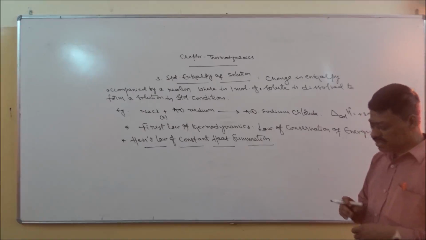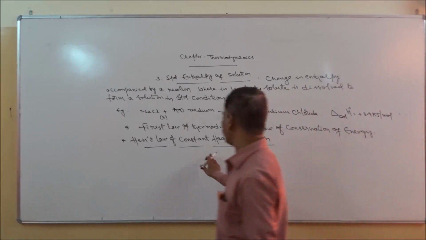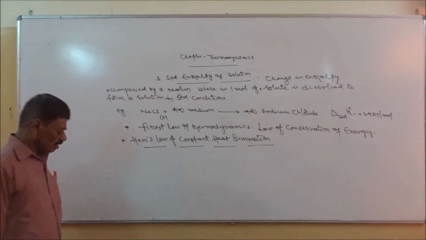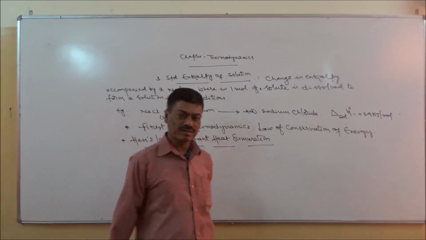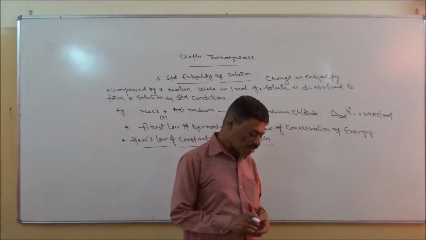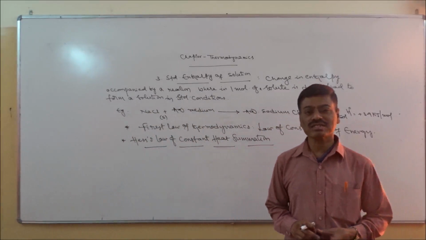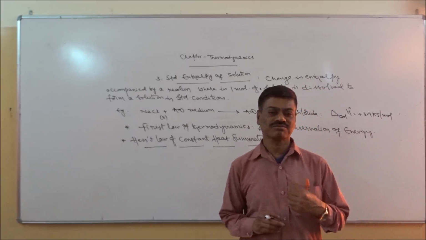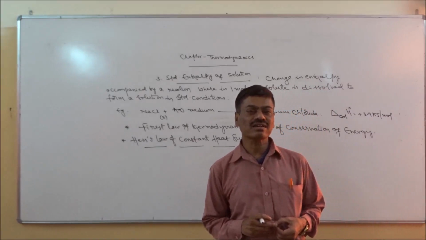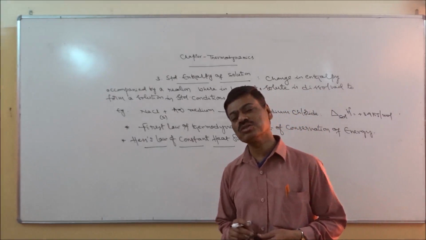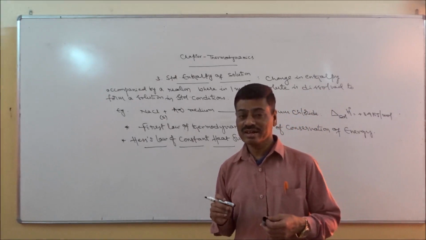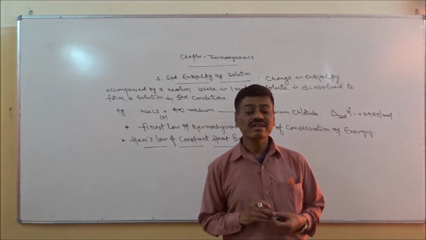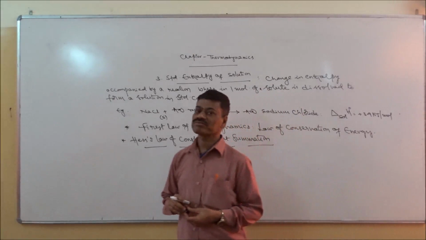Now let us see best example for this law is combustion of carbon. When carbon is subjected to combustion in sufficient amount of oxygen, then minus 393.5 kilojoules amount of energy is released. This is single step and that is delta H naught value.